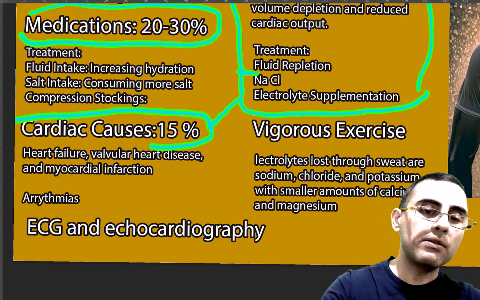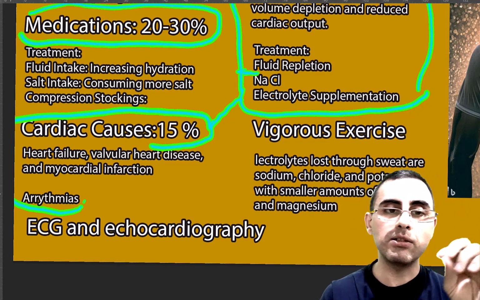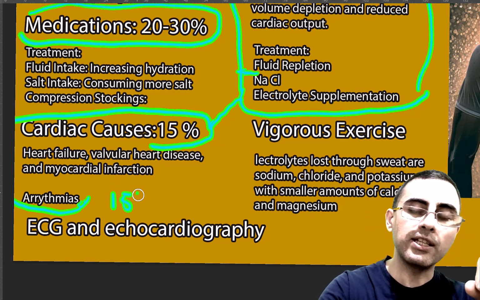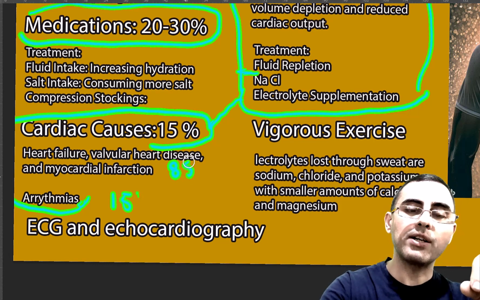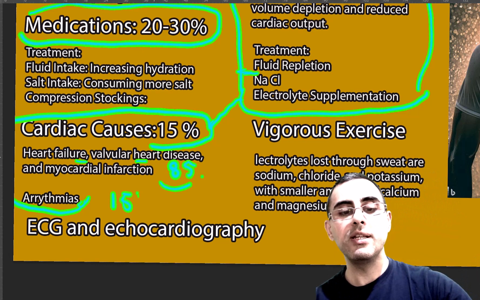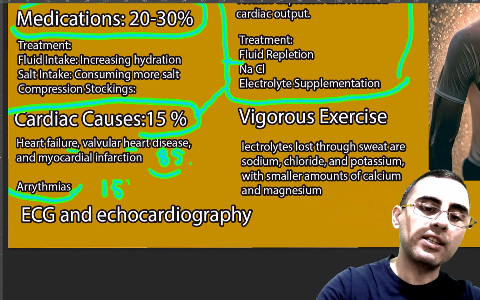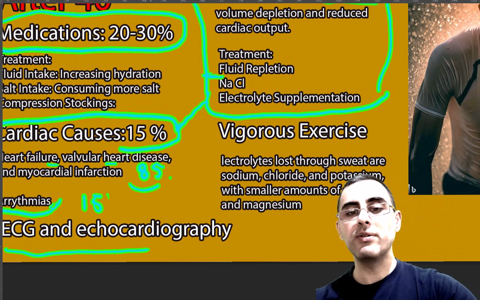But hypotension caused by arrhythmias is relatively rare, and 85% of cases are because of heart failure, valvular heart disease, or myocardial infarction. Diagnostic methods in this case are EKG and echocardiography.